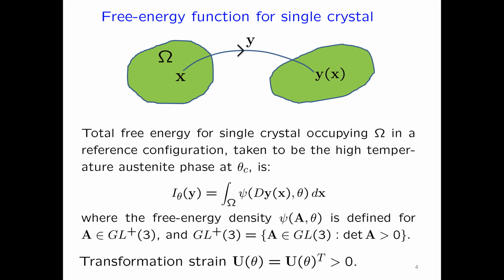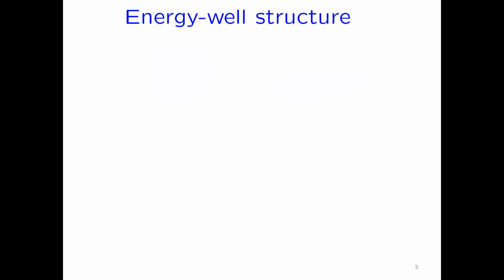So the change of shape of the crystal lattice is given by a positive definite symmetric matrix, which we'll call U of theta. Now we're going to suppose that there's a sort of energy well structure.